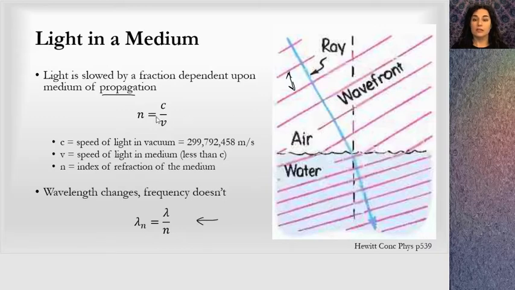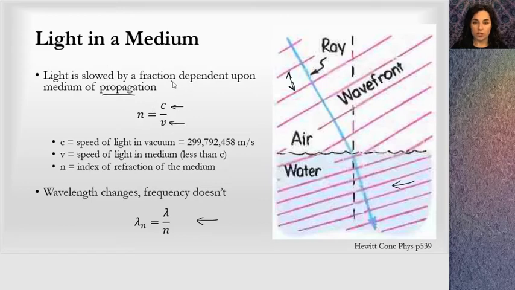That's because the speed of light changes. From air to water, water will slow down light. Light gets slower in water. So that depends on the properties of the medium that light is in. In water, it slows down some. So when we think about how much it's slowed down, there's the velocity in the medium compared to the speed of light.